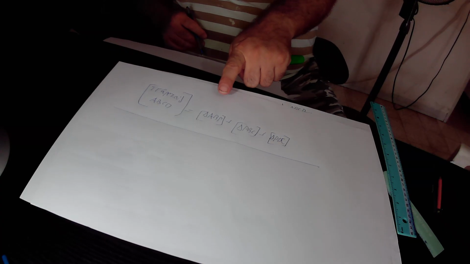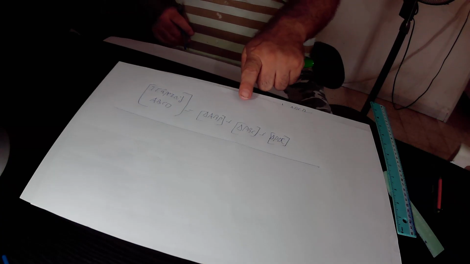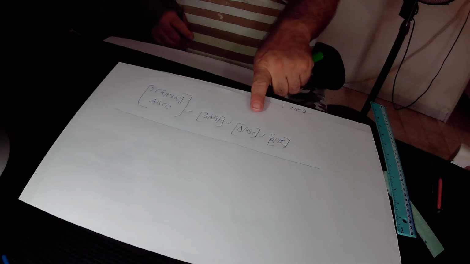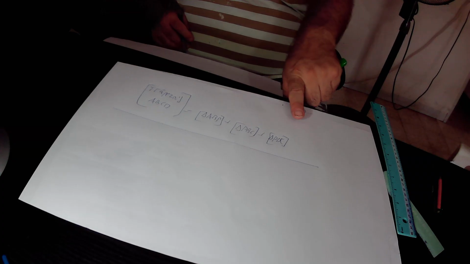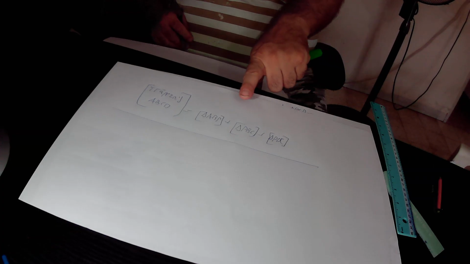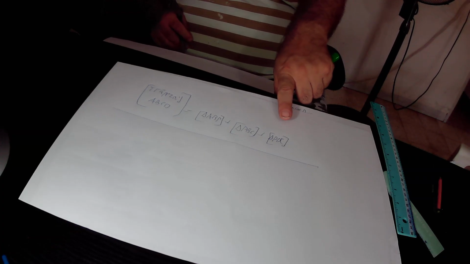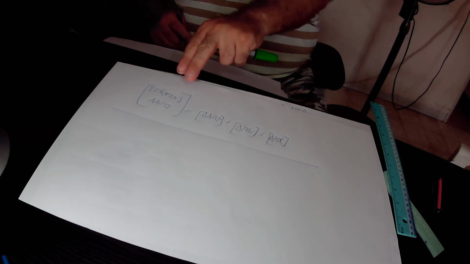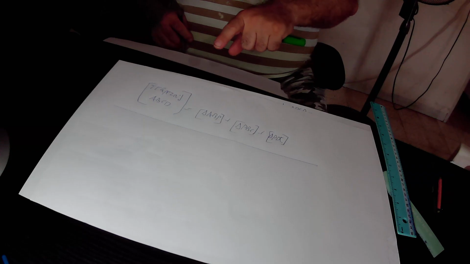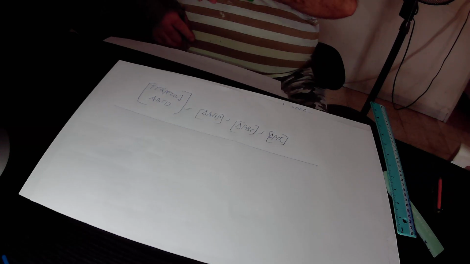The first component is the area of triangle ABP, the second is the area of the right triangle PBC, and the third is the area of the right triangle PDC. So we have to find out the area of each component separately, and then we relate the three areas together. This will give us the area of the trapezoid ABCD.